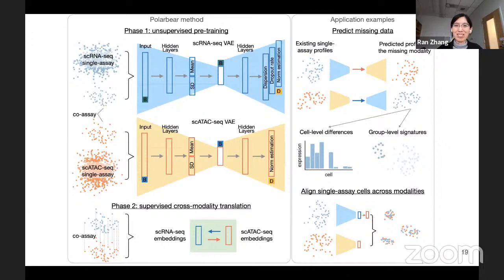But we did try applying this method to cell type classification. For example, based on the single-cell ATAC profile, we predict whether the cell type marker genes are highly expressed in the corresponding cells, and we find Polar Bear outperforms other methods in this case. So this is going in the direction of function, but not exactly yet.